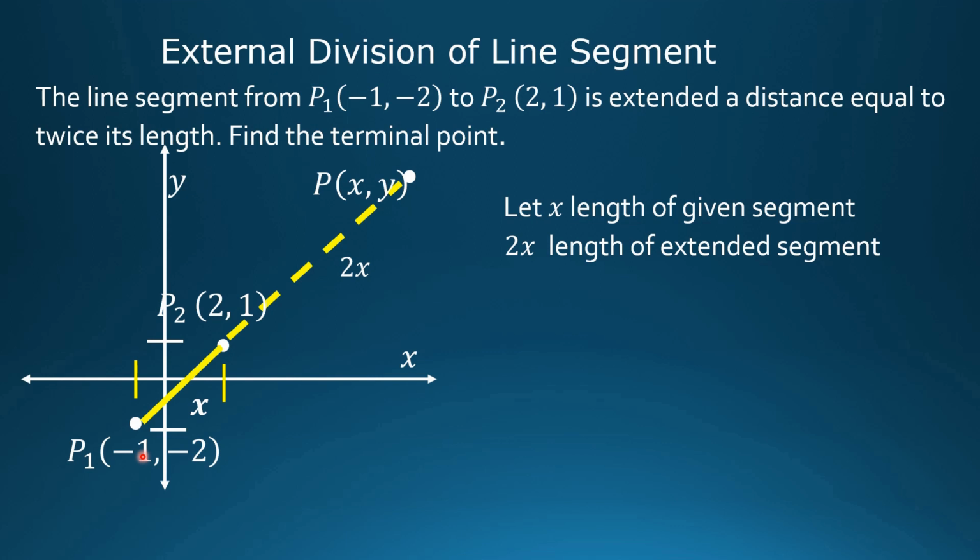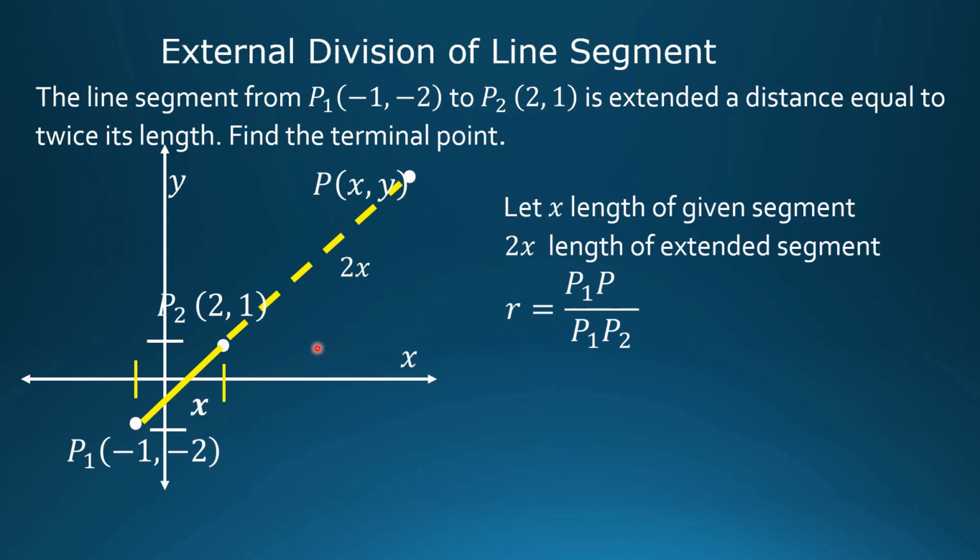Let us determine the ratio of P sub 1 P to P sub 1 P sub 2. Let us represent the ratio by R. So R is equal to P sub 1 P over P sub 1 P sub 2.